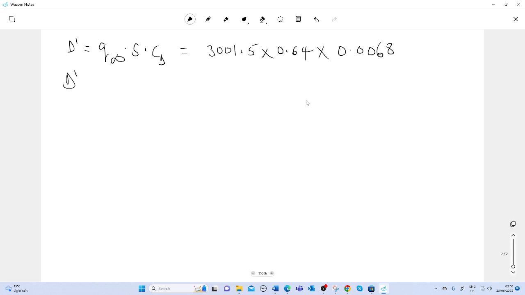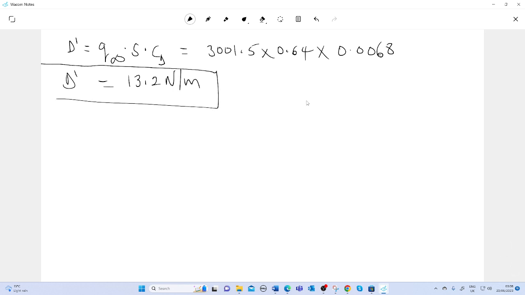Our drag on the airfoil equals 13.2 Newton per meter. That's the calculated drag.